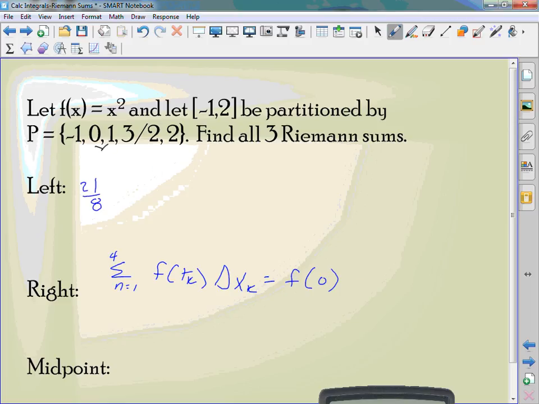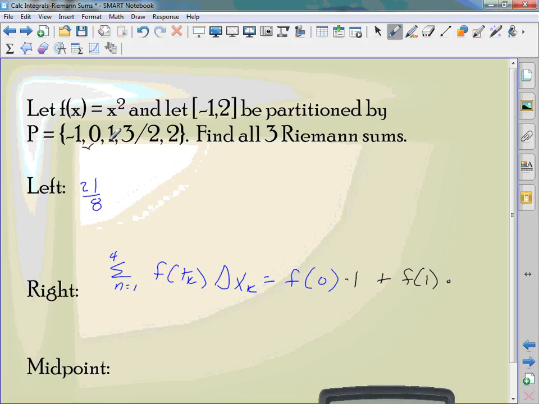The difference between 0 and 1 is 1. Plus, then it's going to be f of 1 times, what's the difference between these two? The difference between these two is 1.